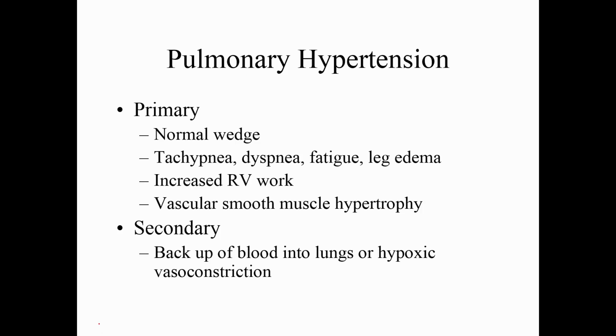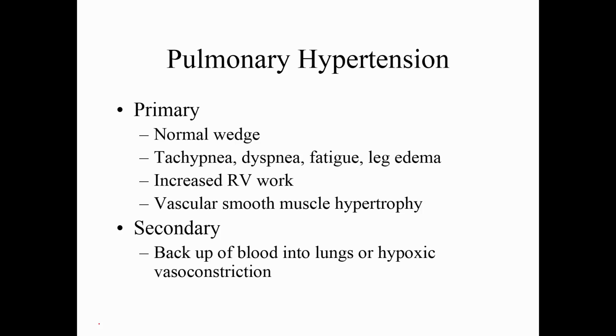Alrighty, so pulmonary hypertension. Pulmonary hypertension can be classified as primary or secondary, as you see on the slide here. If you have primary hypertension, it means that you have high blood pressure in the lungs with a normal wedge pressure, meaning it isn't happening because blood is backing up into the lungs.